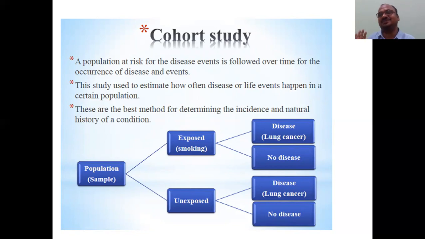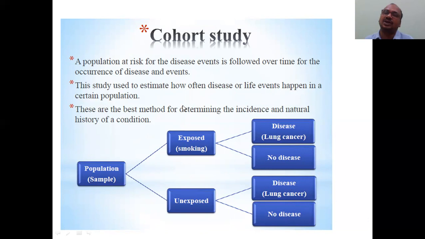Keep in your mind, even though they are not smoking, because of heredity, from their father, forefathers, lung cancer may come in a hereditary manner. Even though they are not smoking, it comes, but there are fewer chances. See here, disease, lung cancer, and here no disease. Like that, I have divided into four categories. Here, two categories: exposed, non-exposed.